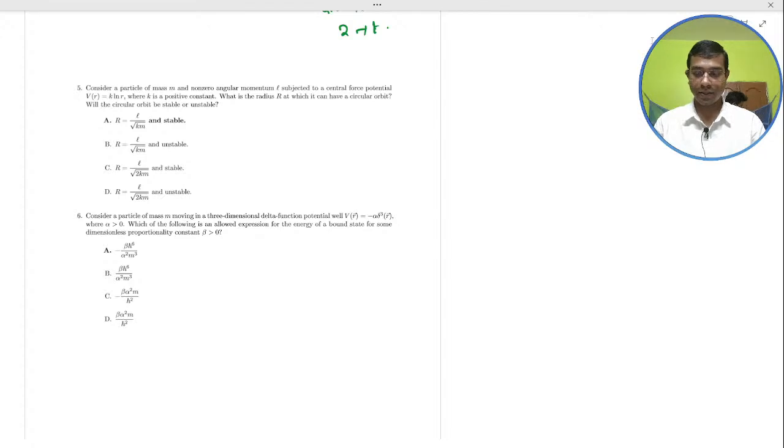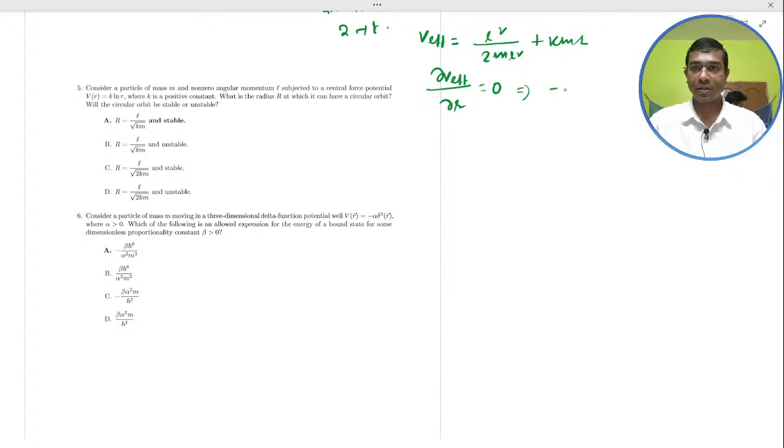From classical mechanics, stable and unstable equilibrium. Simple. First, the effective potential: V effective is L square by 2 m r square plus k ln r. Now, del V effective del r is 0.